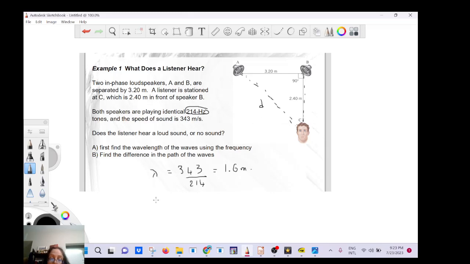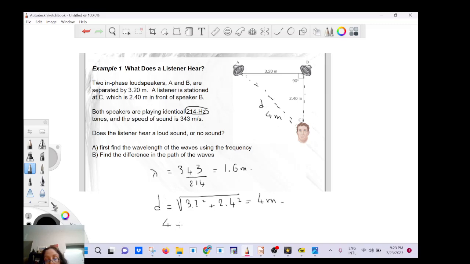For that distance, you have to use the Pythagorean theorem. So it's going to be 3.2 squared plus 2.4 squared, and what you get is 4 meters. Okay, so this is 4 meters. It's the distance from this speaker, and you have the distance from that speaker here.